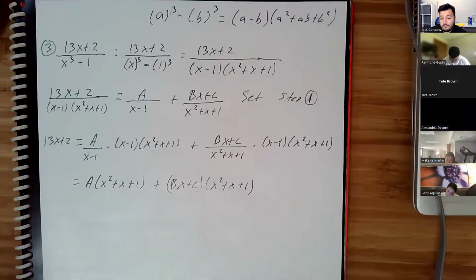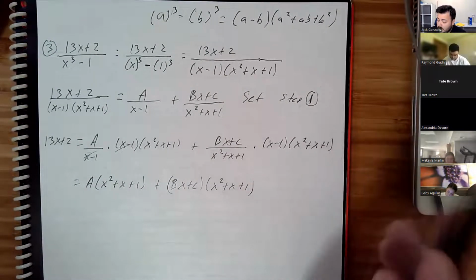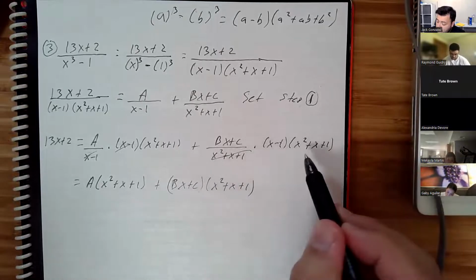Okay, so when you multiply it, the x minus 1's cancel, and the quadratic should cancel here.